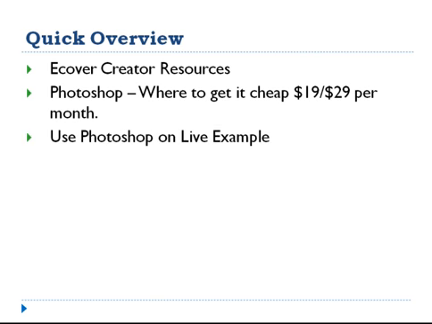And then I'm going to use Photoshop on a live example so that you can see, over my shoulder, exactly how to change the title, change the subtitle, change the graphics, change the background, and so forth. So with that said, let's go and get started.